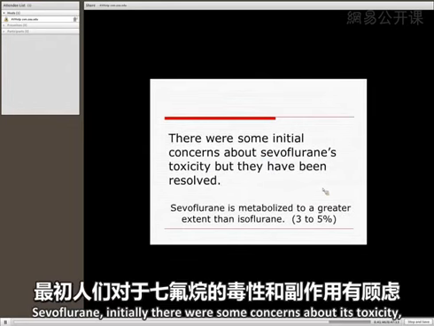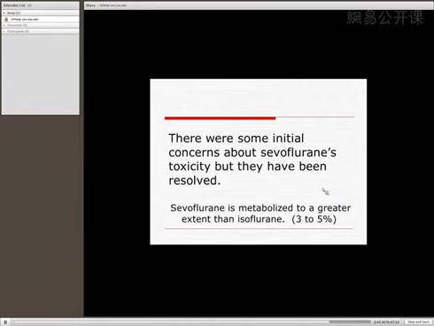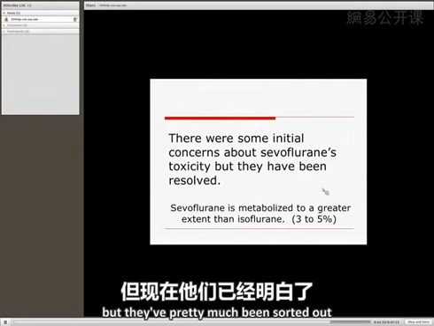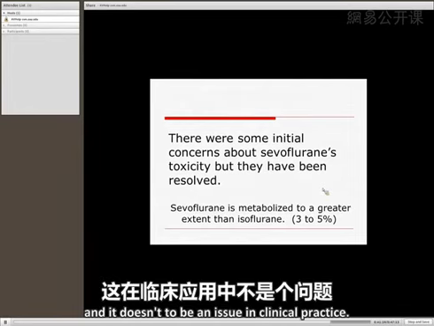Sevoflurane, initially there were some concerns about its toxicity, things that it reacted with, perhaps metabolites that might be a problem, but they've pretty much been sorted out, and it doesn't seem to be an issue in clinical practice.